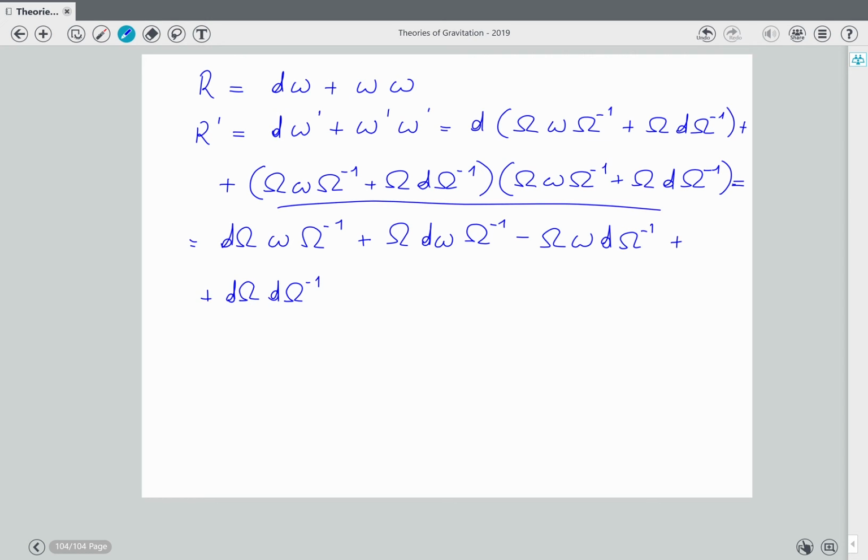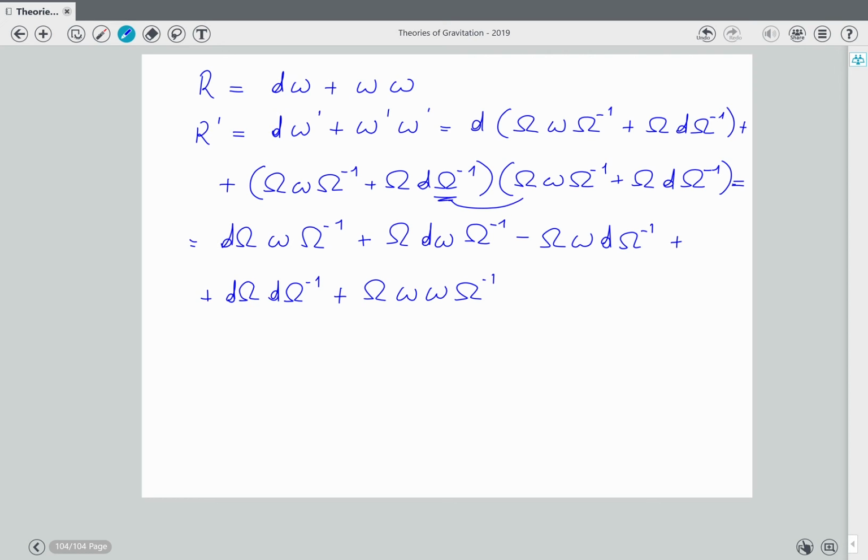In the second line, you have just to multiply. Recall that Omega to the minus 1 times Omega is 1. This simplifies things a little bit. So the first is Omega small omega Omega to the minus 1.